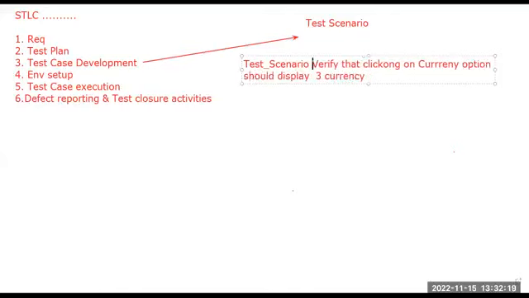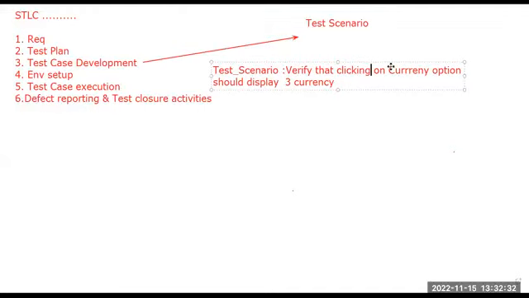Verify that clicking on the currency option should display the 3 currencies. That is my scenario, and this is nothing but what to test. That is what we call a test scenario. What to test is nothing but the test scenario.